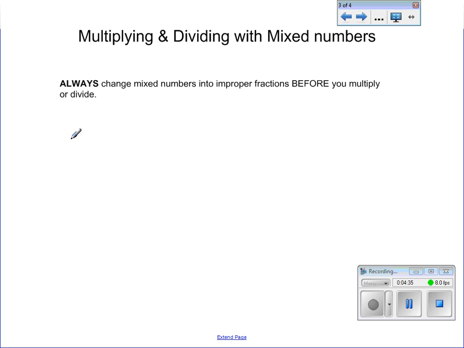So let's do some examples. So let's start with multiplying, because we already know that it's a little bit easier than dividing. Say you had 1 4/7 times 6/11.